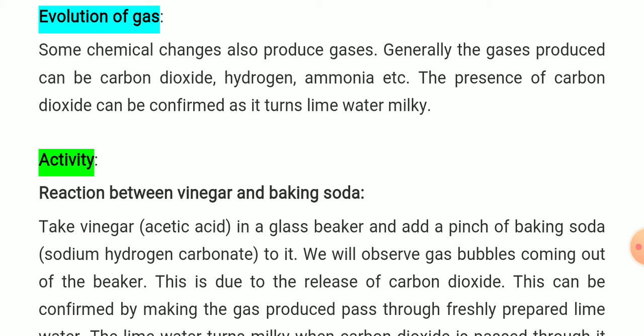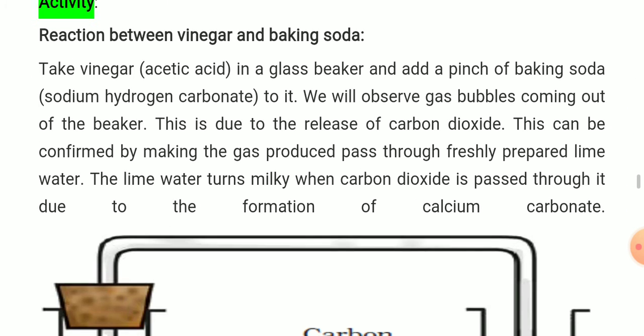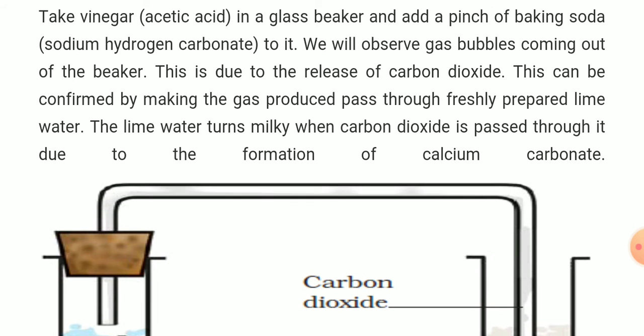Here an activity is given. In this activity, you can see the reaction between vinegar, meaning acetic acid, and baking soda, meaning sodium hydrogen carbonate. The process is: take some vinegar or acetic acid in a glass beaker and then add a pinch of baking soda, that is sodium hydrogen carbonate, to it. We will observe gas bubbles coming out of the beaker.